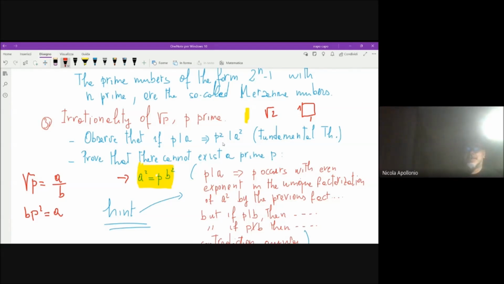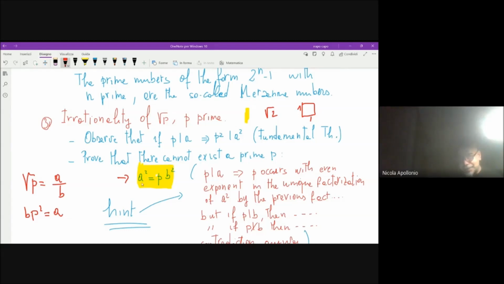So if this equality holds, P must occur an even number of times in the unique factorization of A squared. Just apply the fundamental theorem of arithmetic.